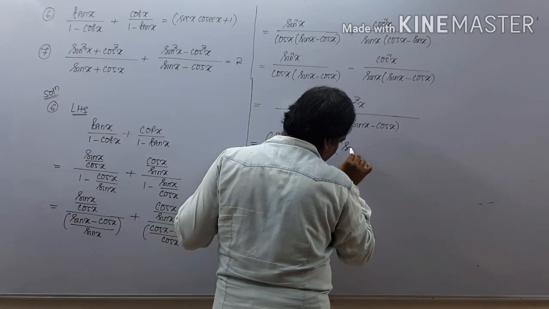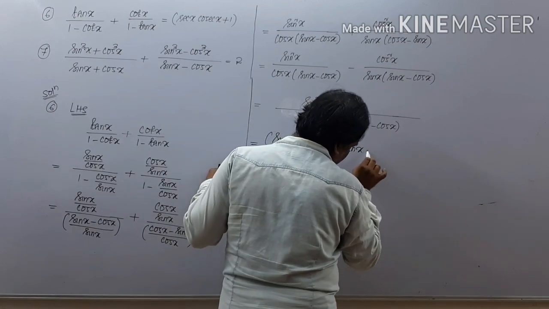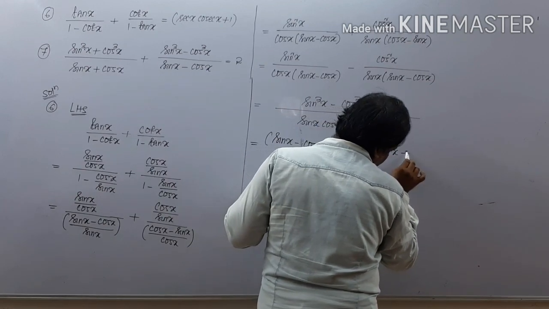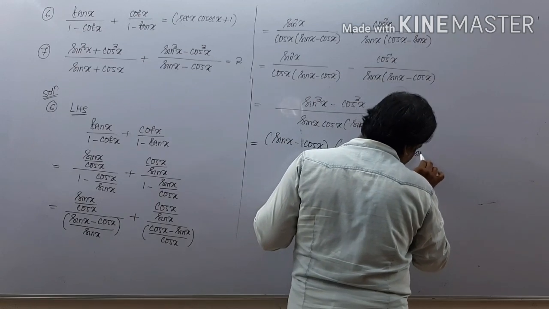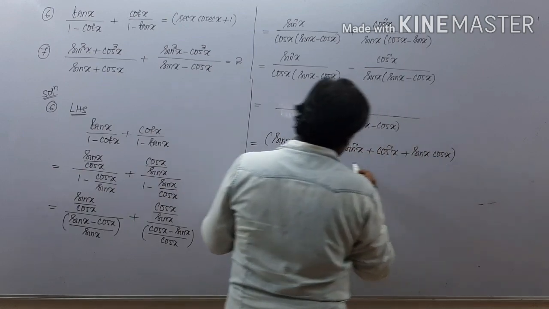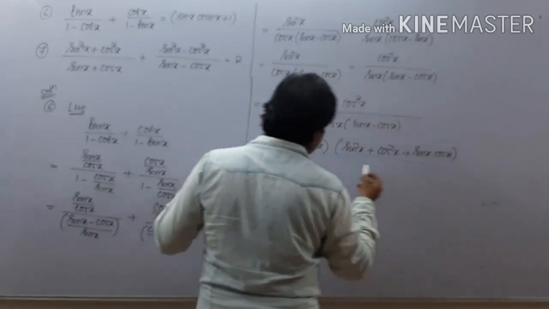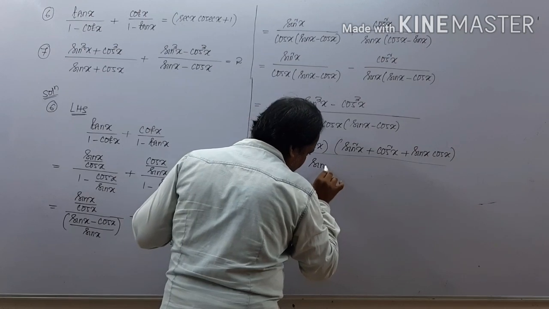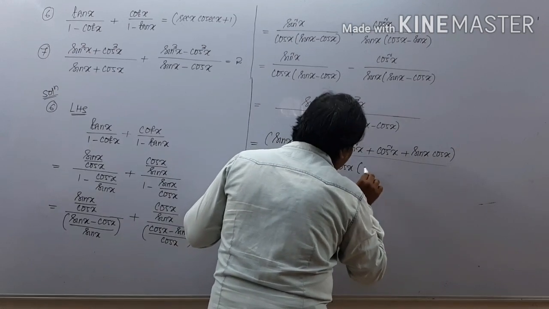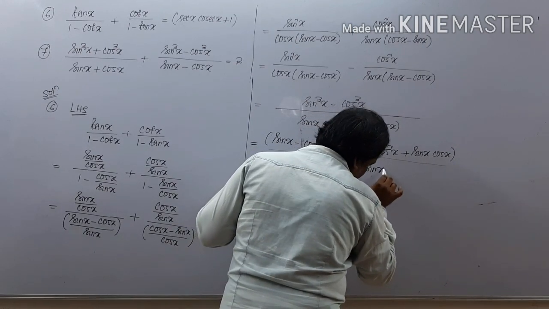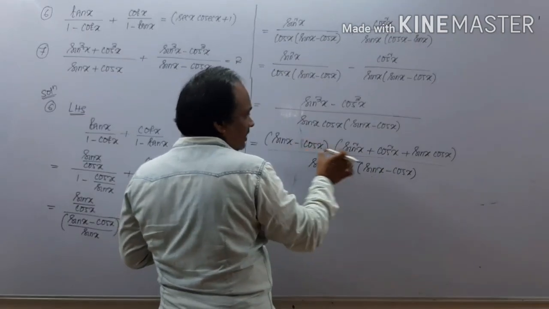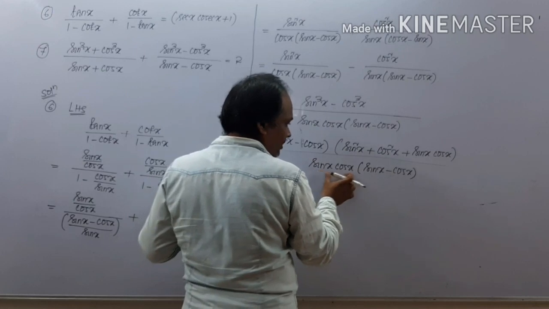So this is sin square x plus cos square x plus sin x multiplied by cos x, whole divided by sin x into cos x, right, multiplied by sin x minus cos x. See here, this term multiplied by this whole term, divided by this one multiplied by this one.